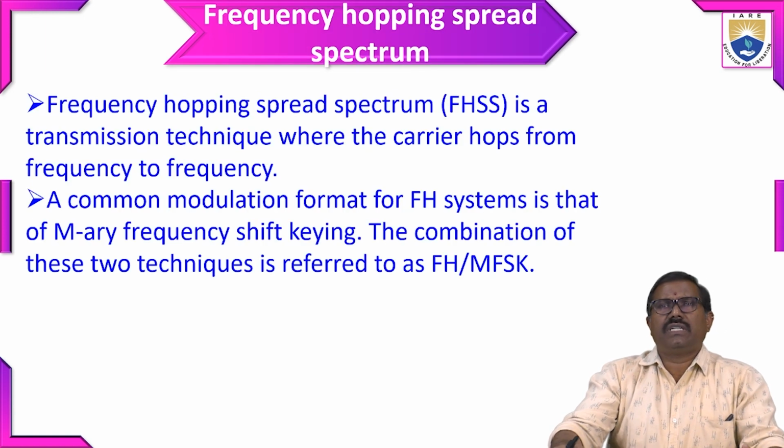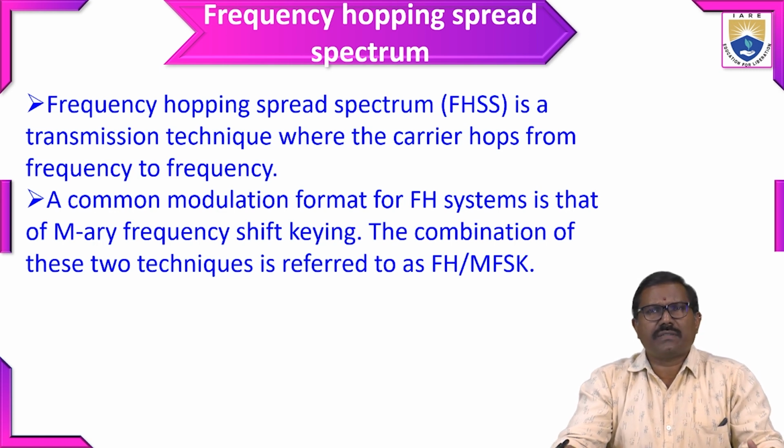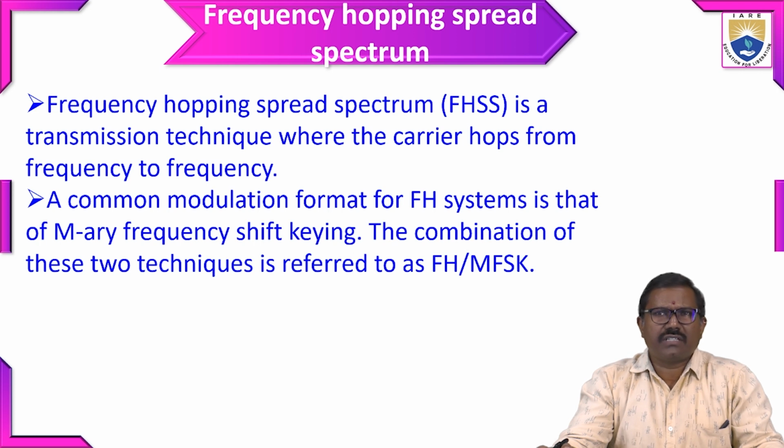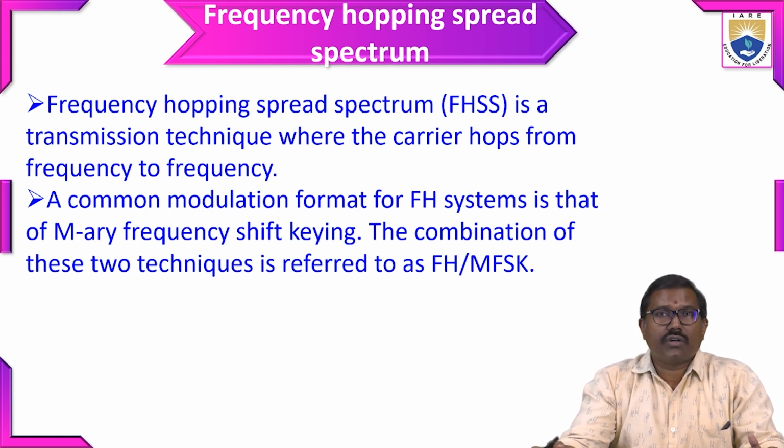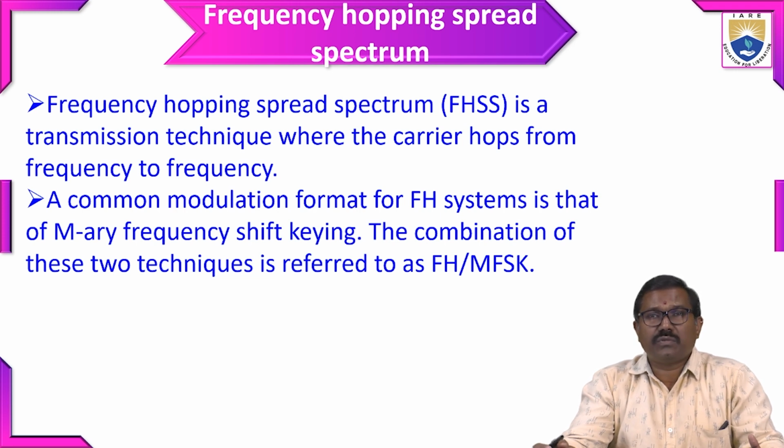This is frequency hopping spread spectrum. Frequency hopping spread spectrum is a transmission technique where the carrier hops from frequency to frequency. What is our aim? To provide secure communication by using the spread spectrum. If any intruder or interferer tries to hack our signal, then the carrier is going to hop, that is, it jumps from one frequency to another frequency.